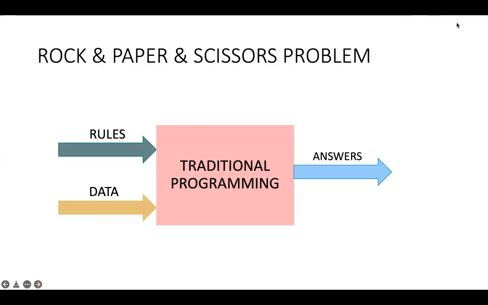And now we will start with a simple recap. I don't know about your level of understanding of machine learning. So imagine we have a rock, paper, scissors problem, and in traditional programming, we provide data and some rules to get the answers.